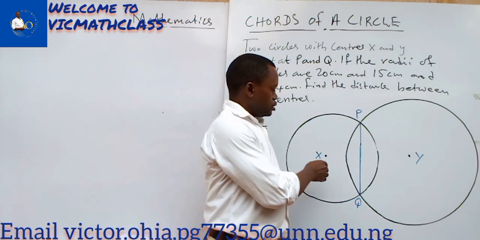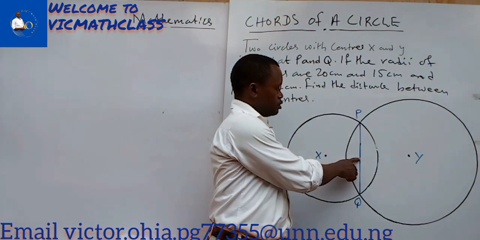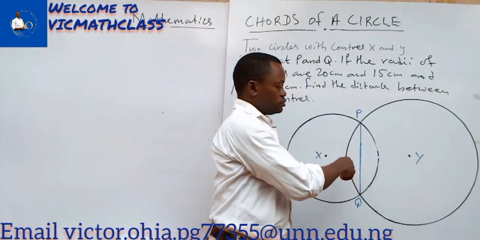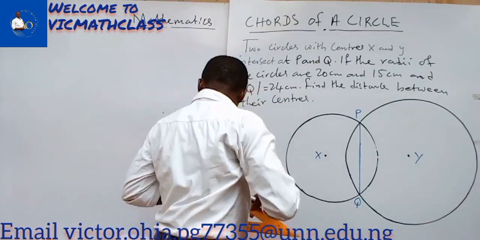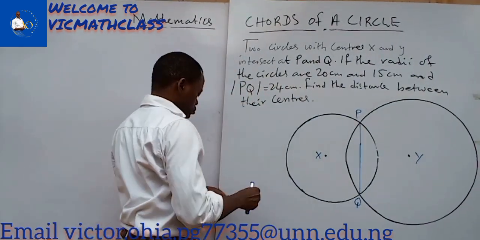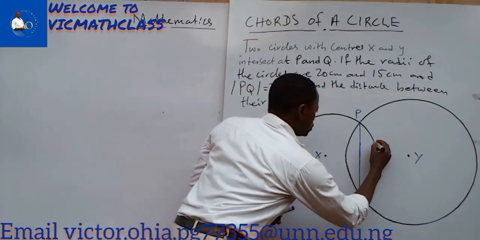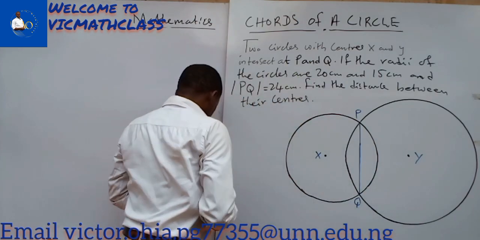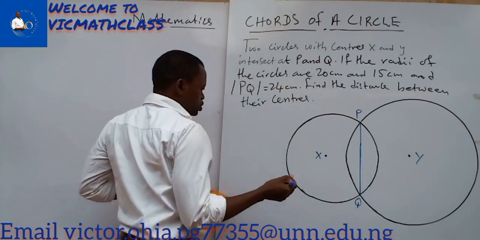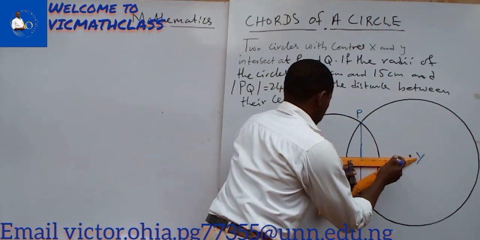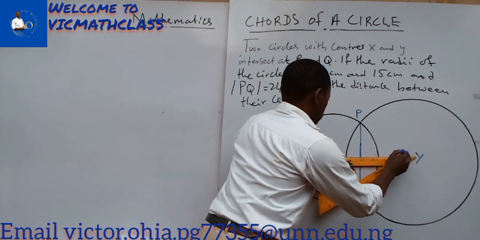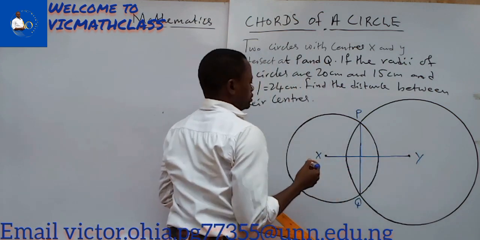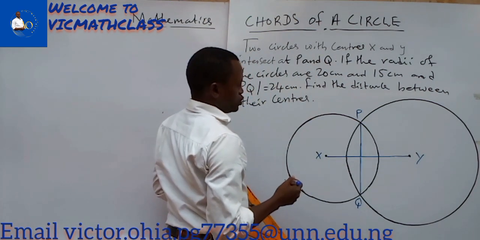So if I join here and here, this line will bisect this chord PQ, and the same thing happens this way. I am sure you will understand it when I do that joining. Okay, so let me do it. All right, this is the joining.